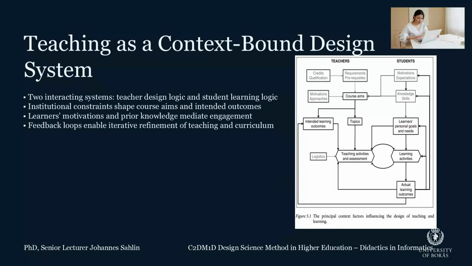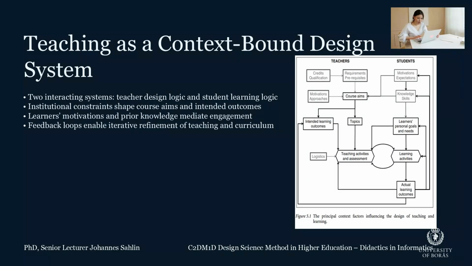The diagram makes explicit that learning activities are not mechanically produced by teaching; they are mediated by the learner's internal framework. At the center, teaching activities and learning activities are coupled in an iterative exchange. At the bottom, actual learning outcomes feed back not only into judgments about students, but into evaluation of teaching, assessment, and even curriculum aims.